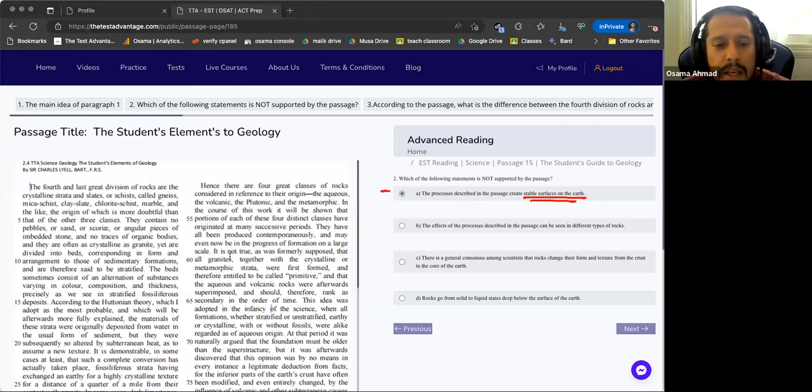Right. إجابة C, again, there's a general consensus among scientists that rocks change their form and texture from the crust to the core of the earth. أعتقد right? بيقول لي إزاي التكستشر بيتغير من below the earth. الهيوتونيان theory بيشرح أو بيتكلم عن الموضوع ده, right? جاي في paragraph number 1, the Newtonian theory.